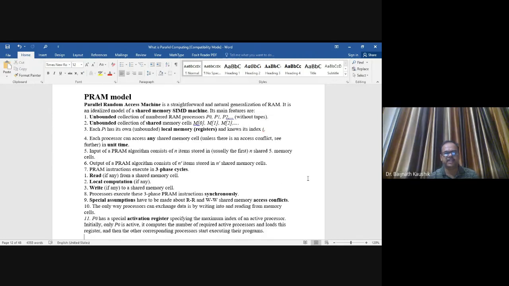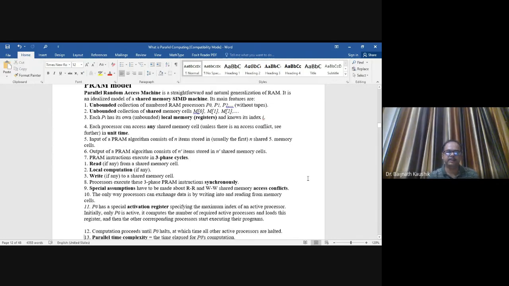All these processors execute the three-phase instruction of the PRAM in a synchronous manner. And each processor of the PRAM has the ability to make a special assumption about how it handles read conflicts and write conflicts in the shared memory cell.